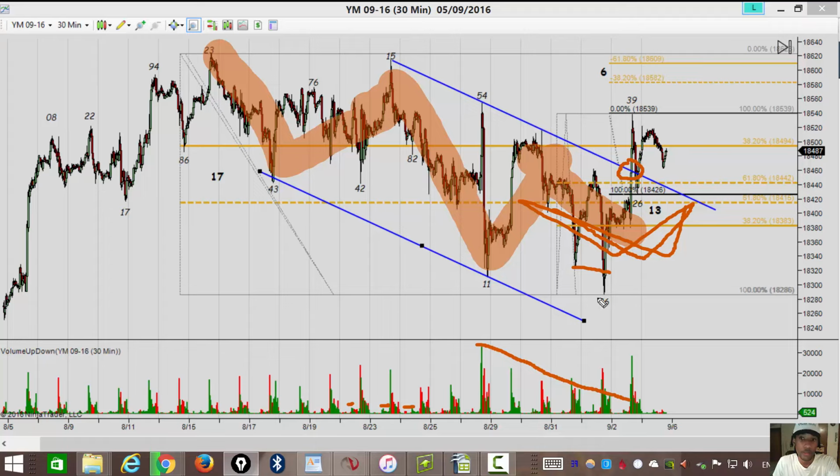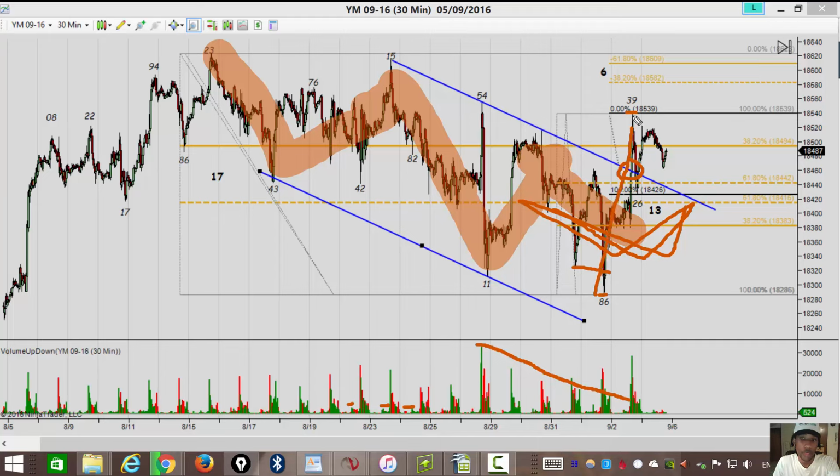I've also bracketed in terms of fibs. I've looked at last Thursday's low, Friday's high, and now this is Monday from this dotted line onwards. So if you bracket this, the 38.2, this is the other way around, so you have to read them back to front. The 38.2% retracement.